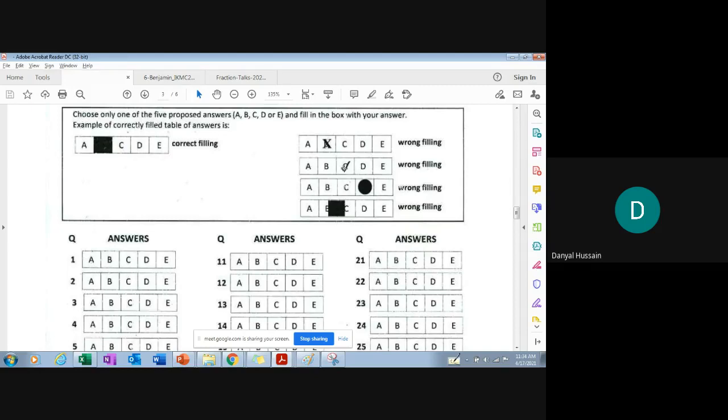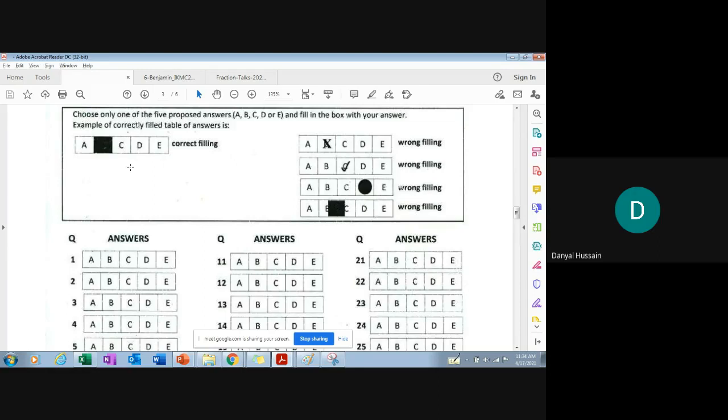If you mark a tick, it is also wrong filling. If you make a circle, it is also wrong filling. If you select two options together, it is also wrong filling, it will be considered a wrong answer, and it will also give you negative marks.